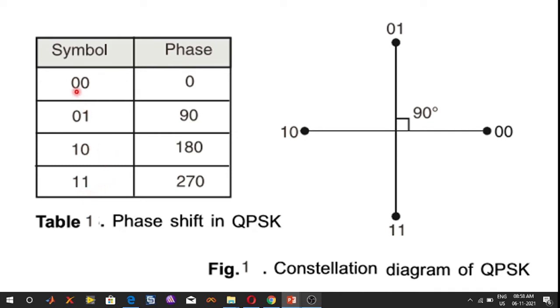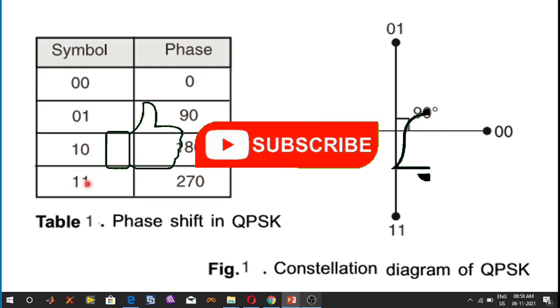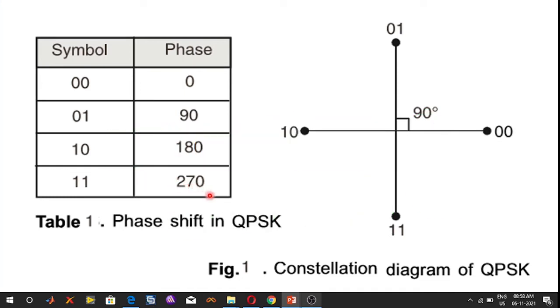So 0 0 is transmitted and its carrier phase shift is 0 degrees, and the symbol 0 1 is transmitted, the carrier phase shift is 90 degrees, and the symbol 1 0 is transmitted, the carrier phase shift is 180 degrees. And similarly 1 1 is transmitted, the carrier phase shift is 270 degrees.